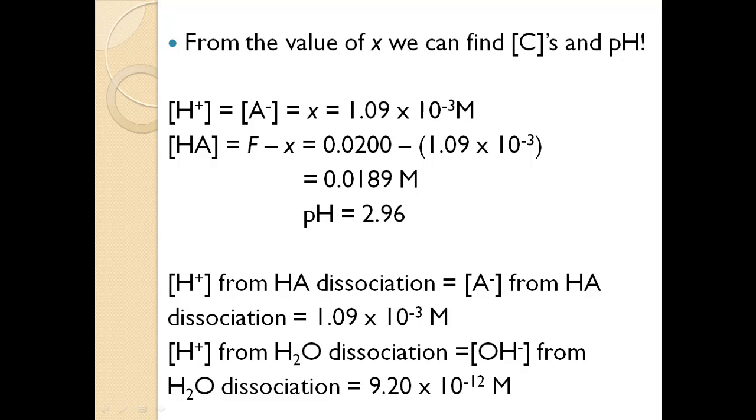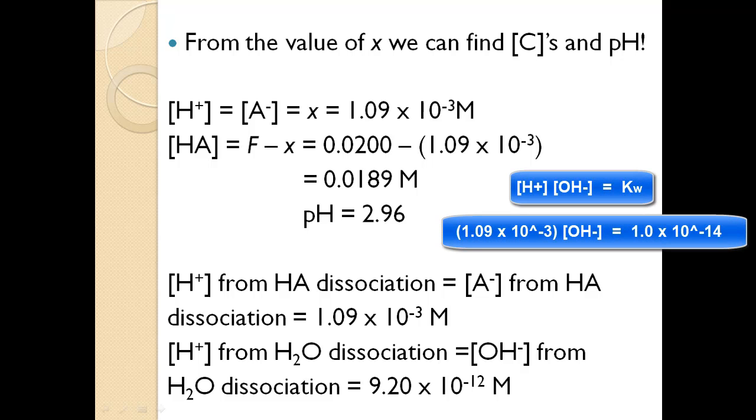In other words, we said that the concentration of H plus is 1.09 times 10 to the negative 3 molar, which means that if we were to figure out the concentration of OH using the equilibrium of water, you would get 9.20 times 10 to the negative 12 molar. I got that by just solving for OH in the Kw equation.